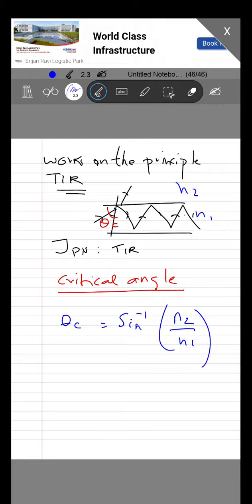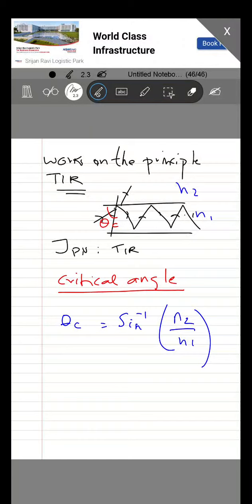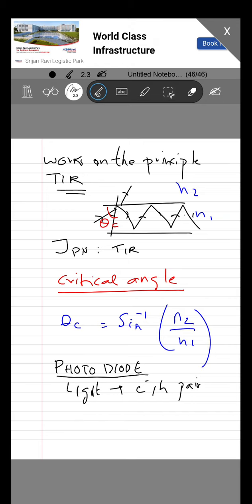Another diode, apart from the laser, that is very frequently used is called a photodiode. In a photodiode, light is creating electron hole pairs, and the wavelength is specific and depends on the material.